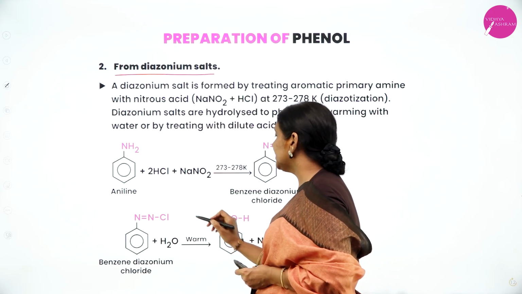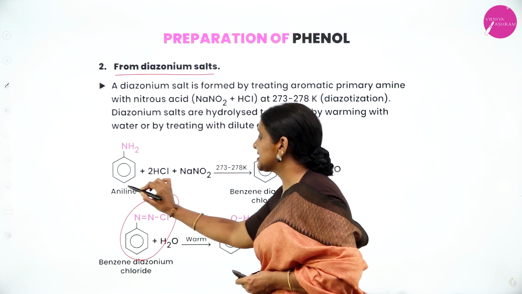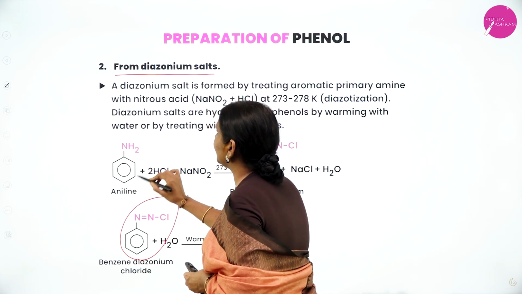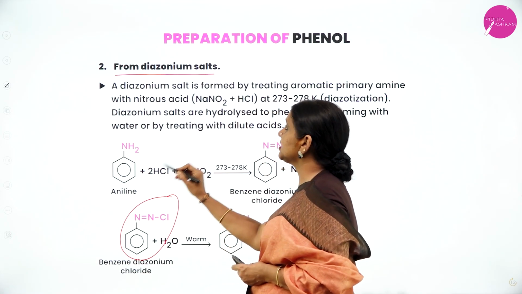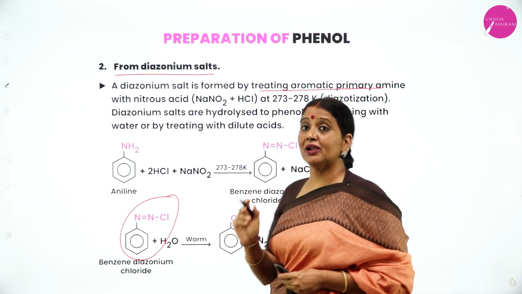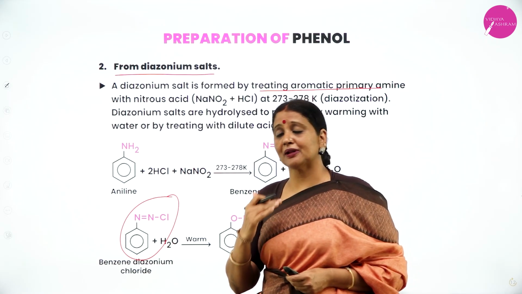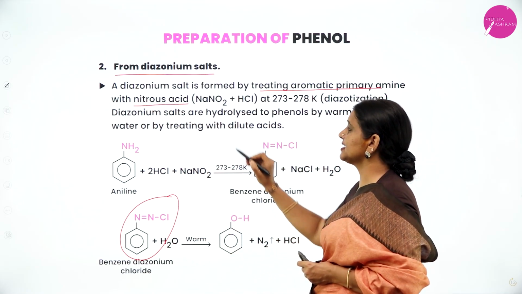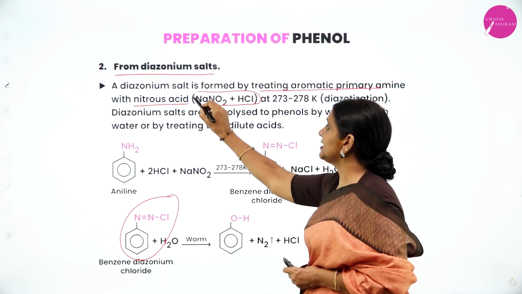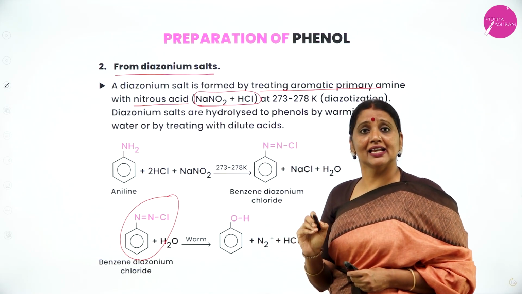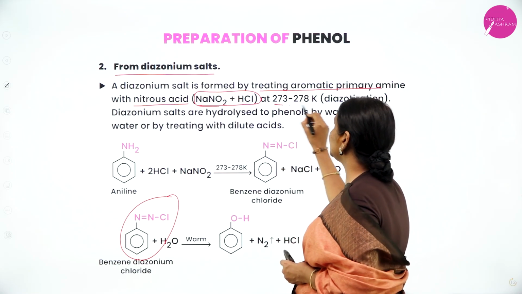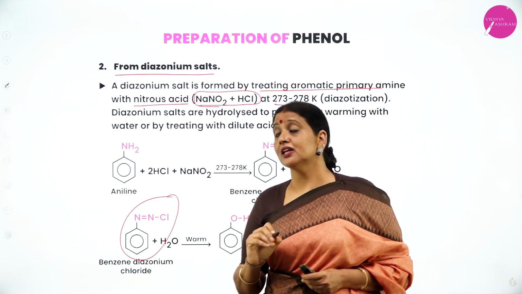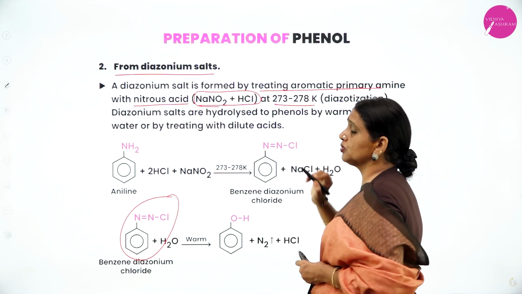Here also, we prepare diazonium salt starting from a primary aromatic amine, by treating the aromatic primary amine with nitrous acid, that is sodium nitrite and HCl, at 273 to 278 Kelvin, and there is a formation of diazonium salt.